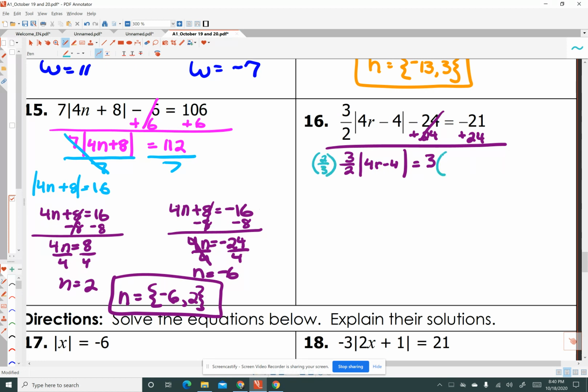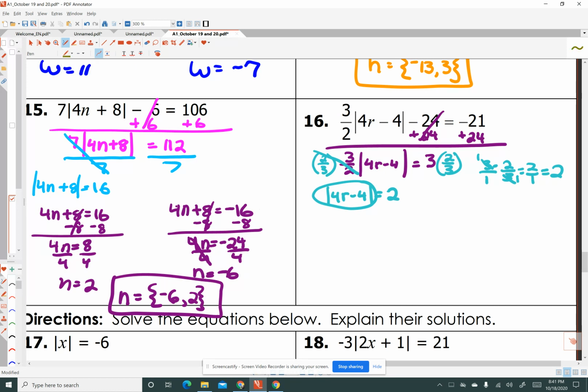Whatever I do to one side of the equation, I do to the other. So this completely cancels. And we are left with the absolute value of 4r minus 4 equals 3 times 2/3. And 3 times 2/3 equals 2. See how simple? Now we've isolated our absolute value term.